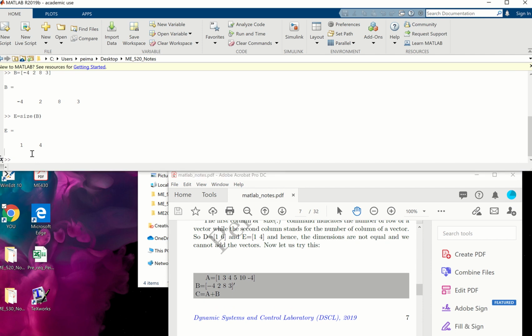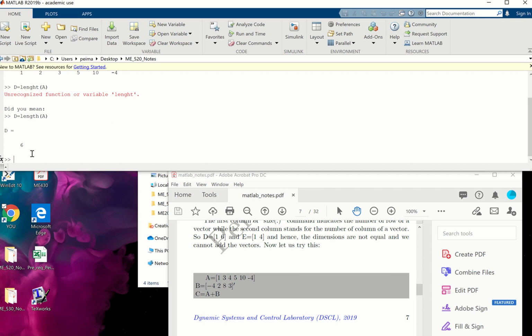Now, before going ahead, let me again show you vector A, because it's not in the notes. Another command you can use: length of A. Oh, sorry, I have a typo. So length of A is going to be 6, meaning that A has 6 columns.